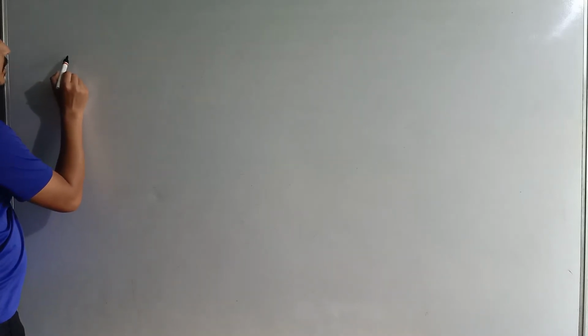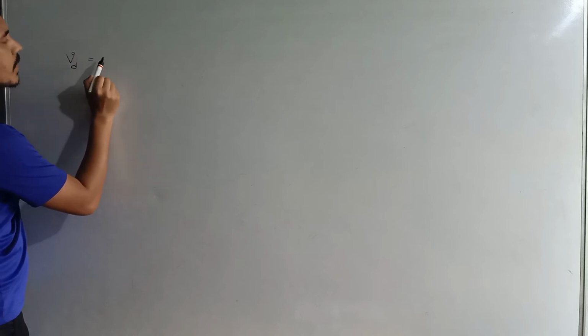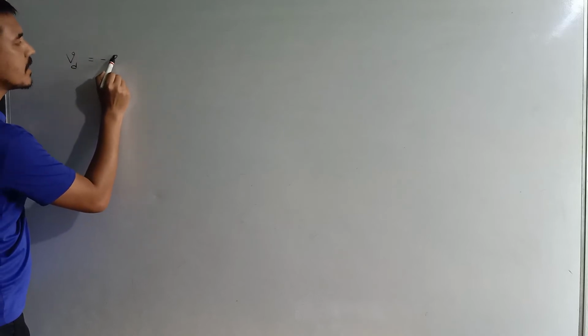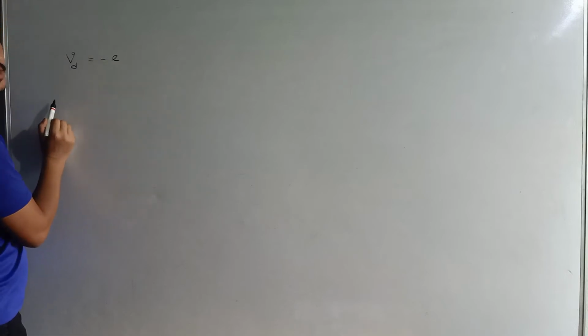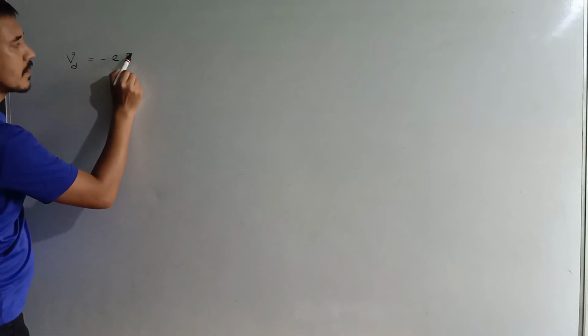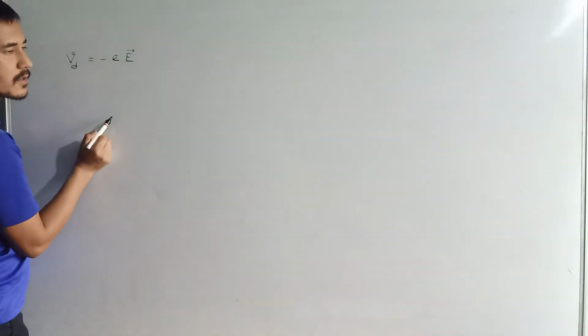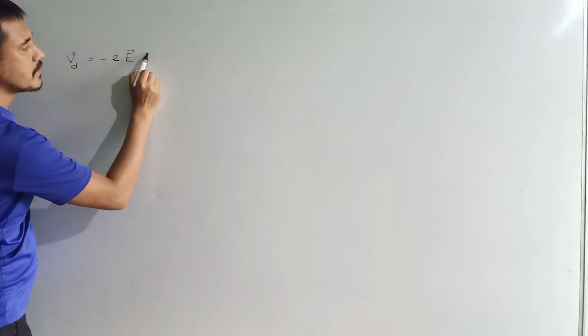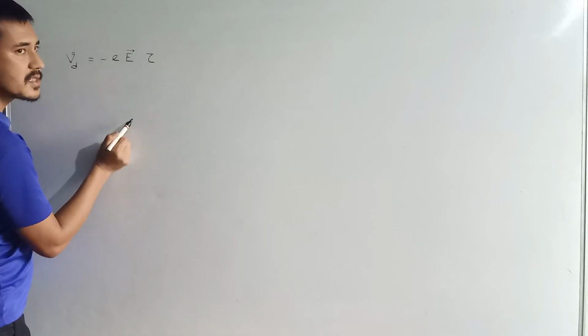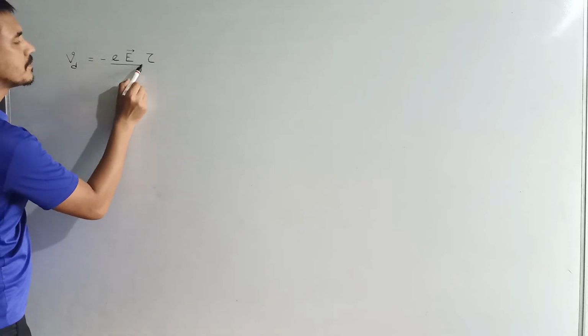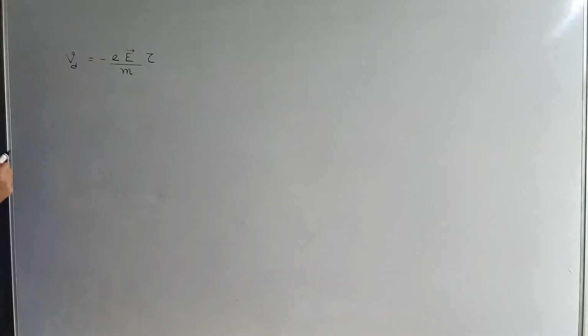So let us try to recall that relation. The drift velocity is given by the relation minus e, the charge of the electron, times the electric field that is applied across the conductor, into tau, where tau is the average relaxation time, upon m, where m is the mass of the electron.